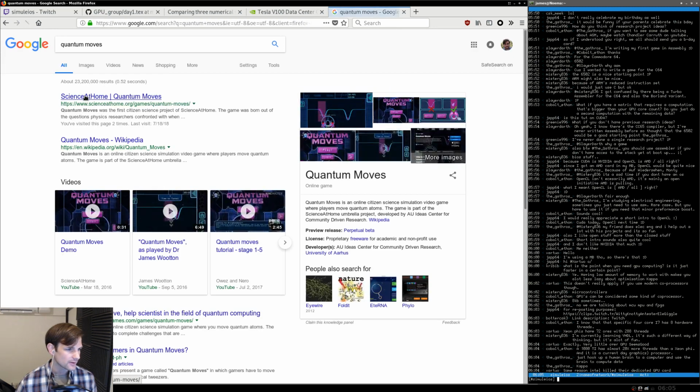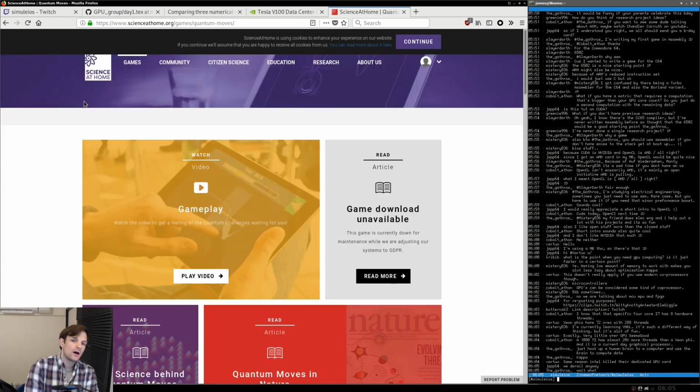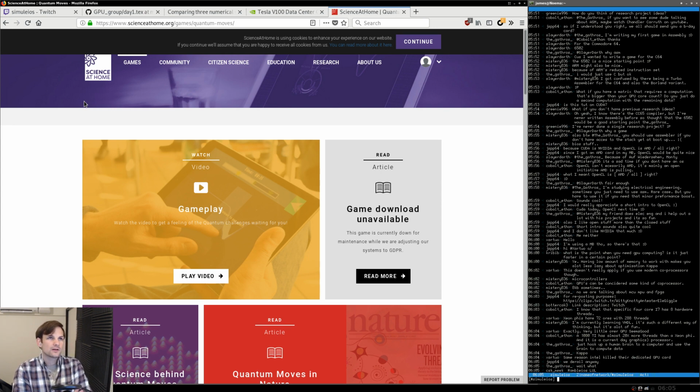There are optimization problems that we have in physics all the time, and these optimization problems are solved via optimal control methods and stuff like that. What these researchers decided to do was they said, look, if we're going to create a machine learning algorithm to solve our physics for us, let's just gamify it and have a whole bunch of people solve our physics for us. So that's actually what they did.